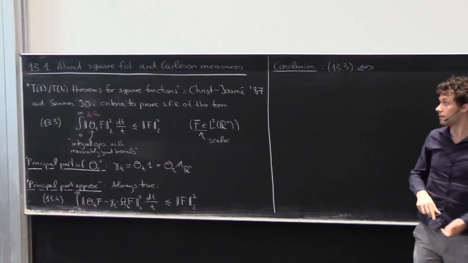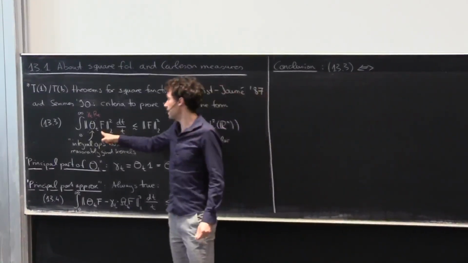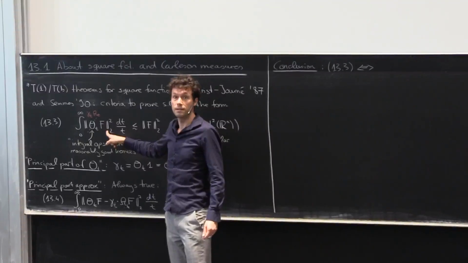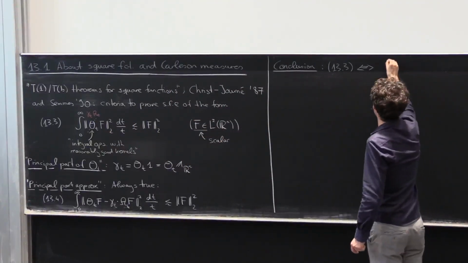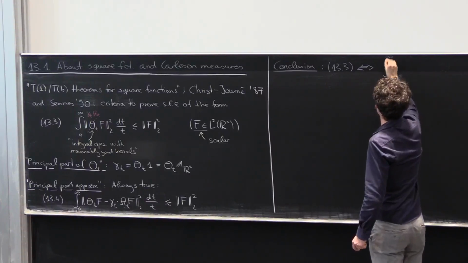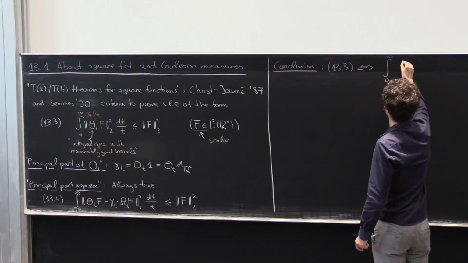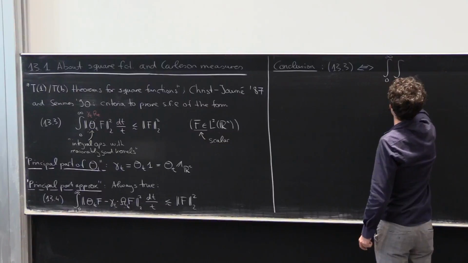For this one, I write out the L2 norm in space, because it's a multiplication operator. Sometimes one sees more when one just writes out the norm using an integral. So I write it as an integral from 0 to infinity, and then the L2 norm in space I write out.